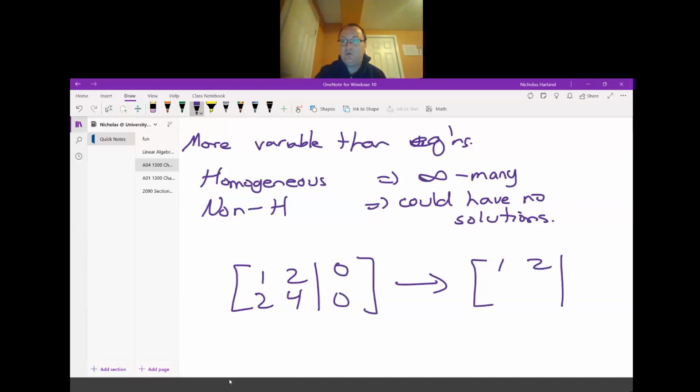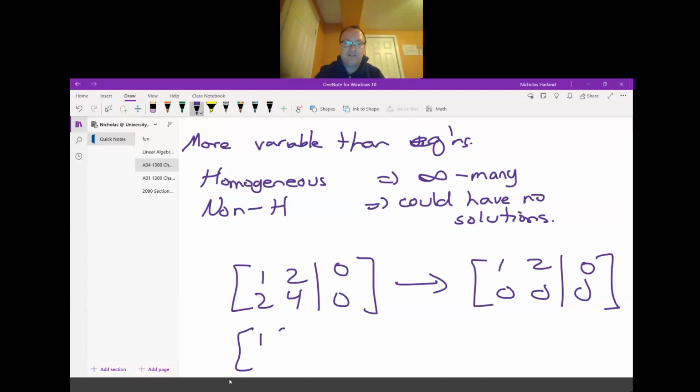Yeah, one of the equations is redundant. So even though the original system looks like two equations with two unknowns, it's really kind of one equation with two unknowns. Because one of the equations is redundant, and then we go back to what we just talked about.